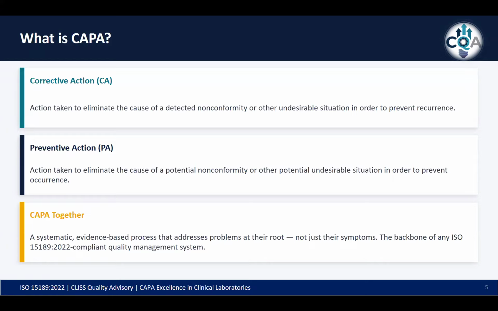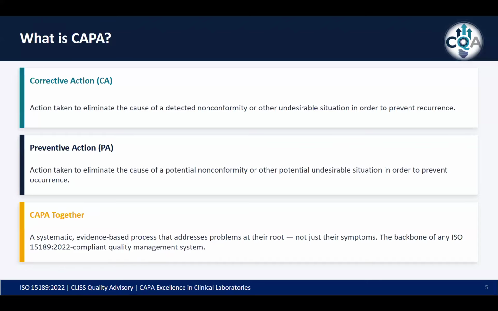Corrective action is action taken to eliminate the cause of a detected non-conformity or other undesirable situation in order to prevent recurrence, while preventive action is action taken to eliminate the cause of a potential non-conformity. This is before an incident, and other potential undesirable situations in order to prevent occurrence.